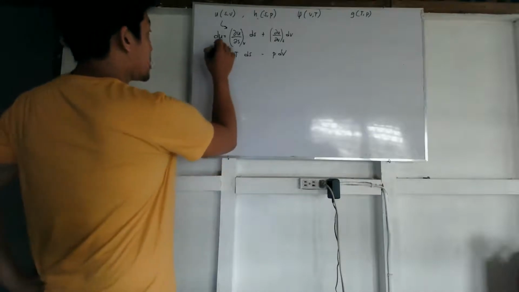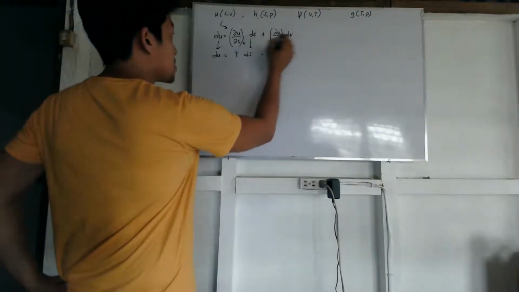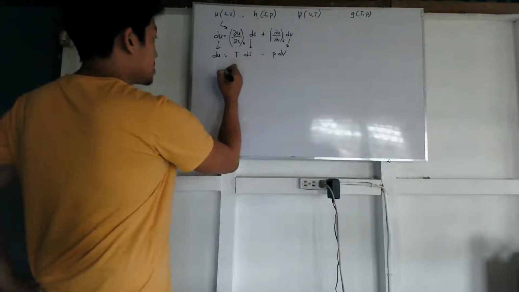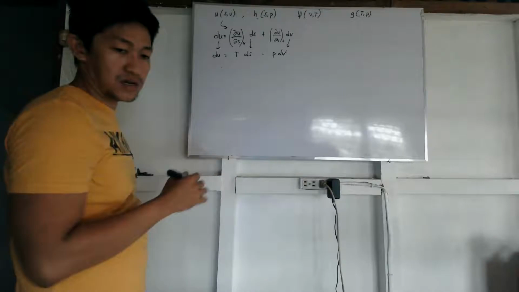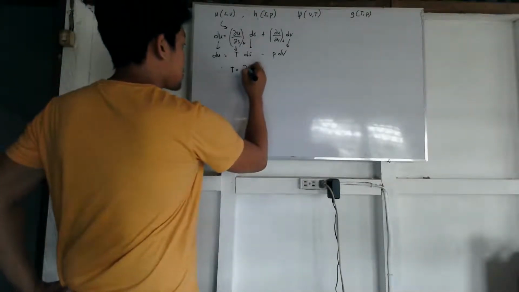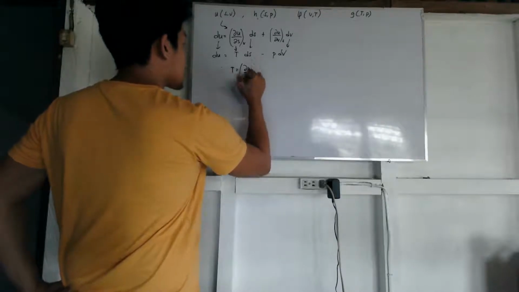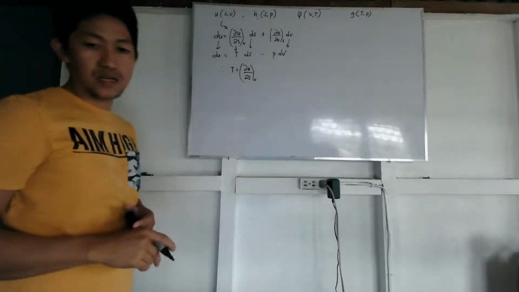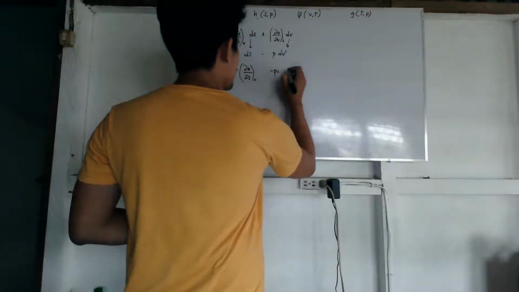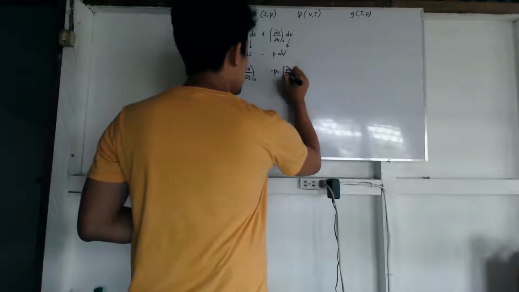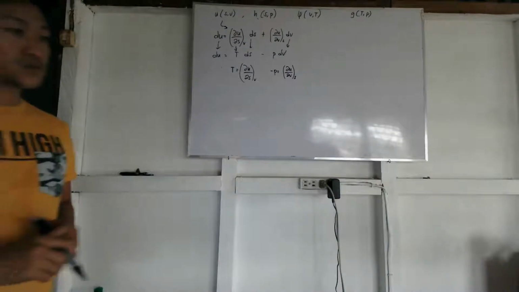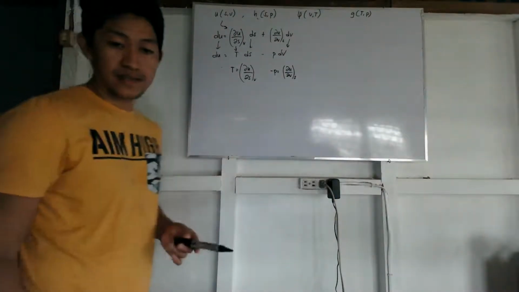No? So, same. Therefore, you can conclude that temperature is just equal to partial of u with respect to s, constant volume. And then, negative of pressure is just partial of u with respect to v. So, mao na siya.